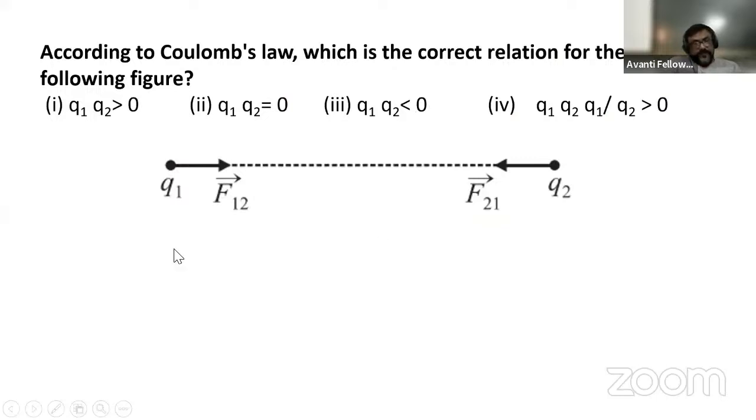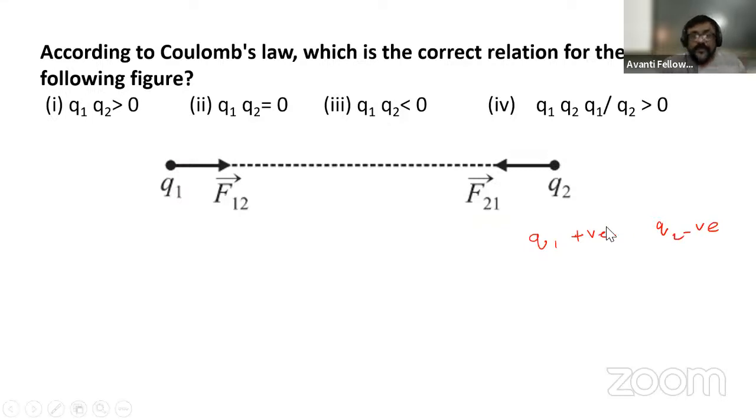There's a very simple property: like charges will repel each other, and unlike charges will attract each other. So what can you say about Q1 and Q2? Because they are attracting each other, one of them must be positive and the other negative. If I assume Q1 as positive, then Q2 should be negative.